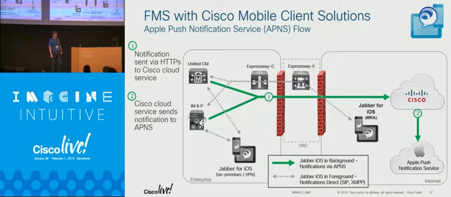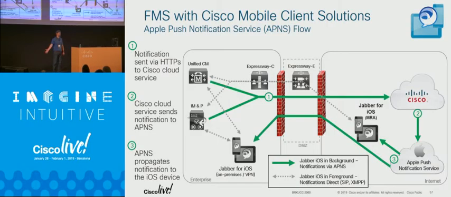Then that push notification service is going to forward that push notification to the appropriate mobile device or iOS device that it's destined for. And that's going to get pushed to the client, whether it be outside over MRA or through our firewall to reach the devices inside on-prem. So that's in a nutshell how Apple push notification works from a Jabber perspective.